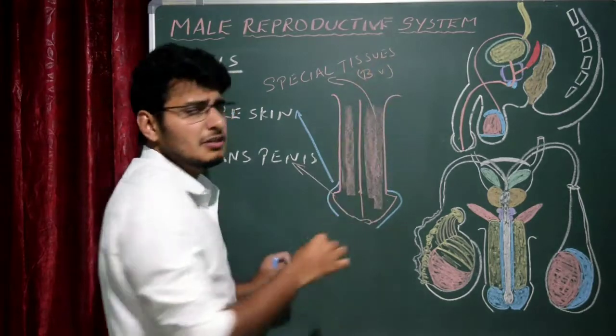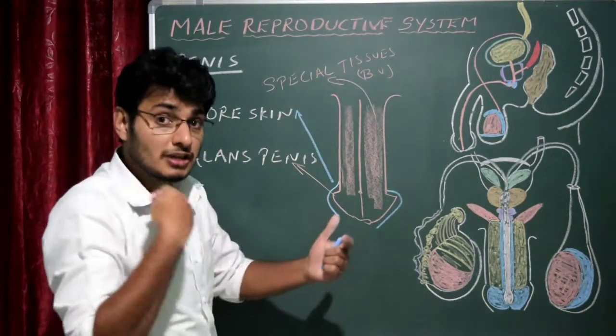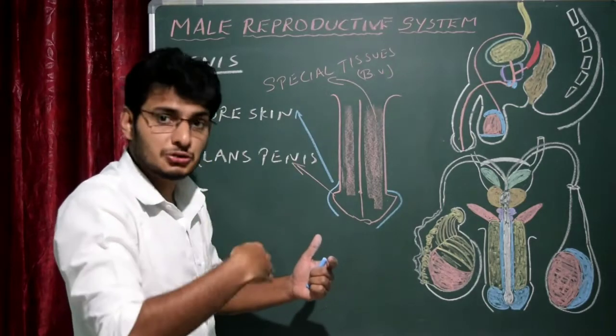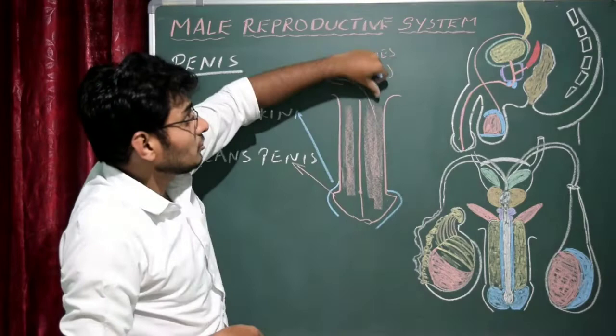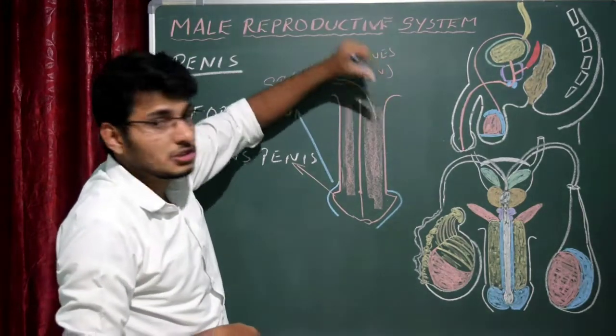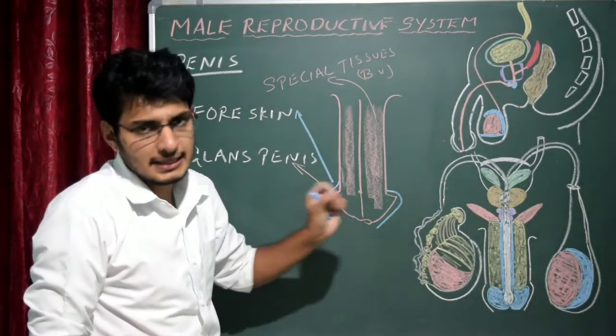The blood vessels are present within these special tissues, which we call spongy tissues, and they supply blood into the penis, which maintains the erect posture of the penis, very important for sexual intercourse.